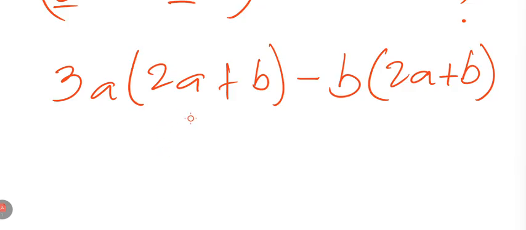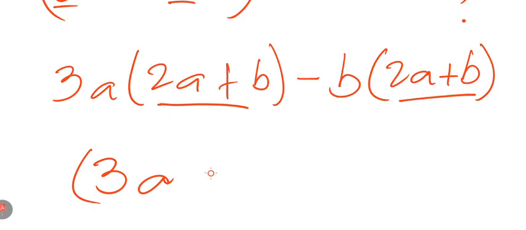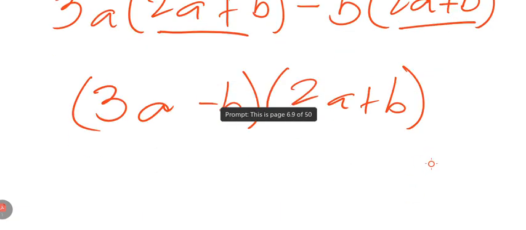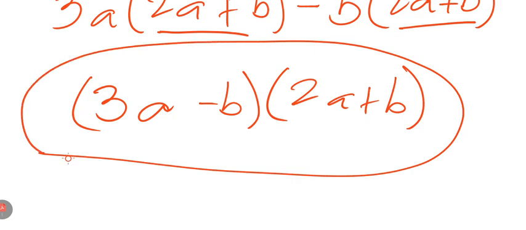The common binomial that we have here is 2a plus b, in both groups. Factoring it out leaves 3a minus b, times 2a plus b. So this would be our final answer.